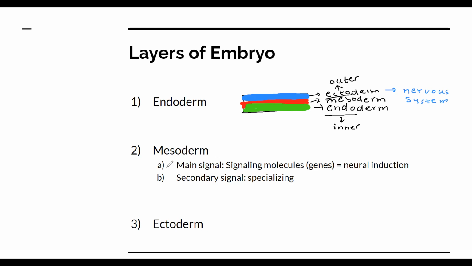The mesoderm is actually the most crucial part of brain development. So basically, what happens in the mesoderm is that molecules called signaling molecules are released from the mesoderm and release the signal in various concentrations in the tissue.